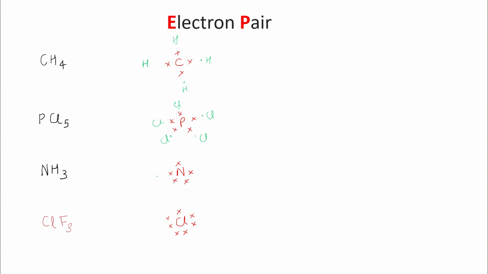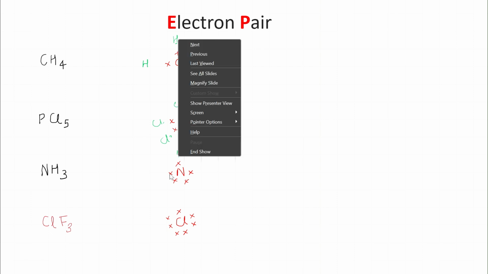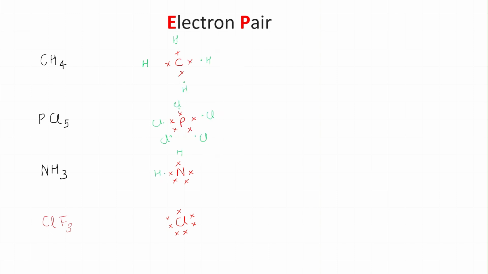The bottom two have this difference. Now 3 fluorine, I'm putting them in like this. All right, so we're done with the valence shell.